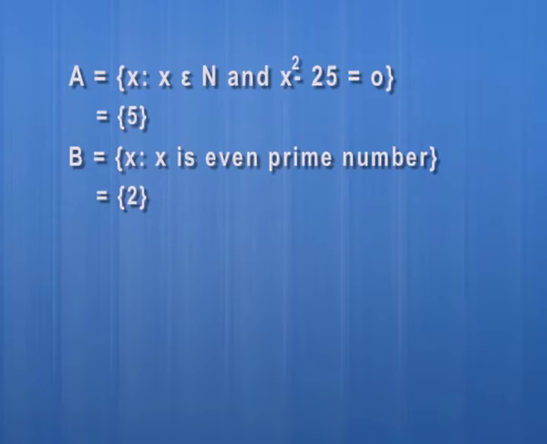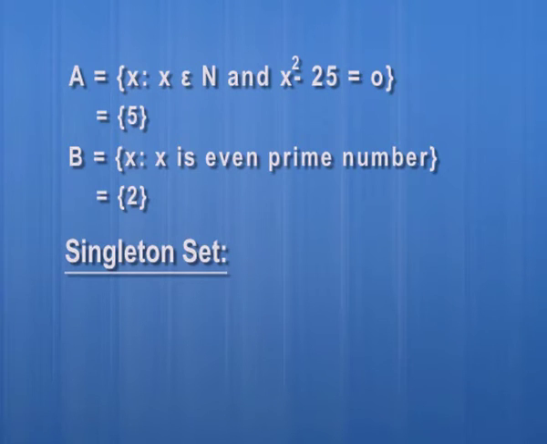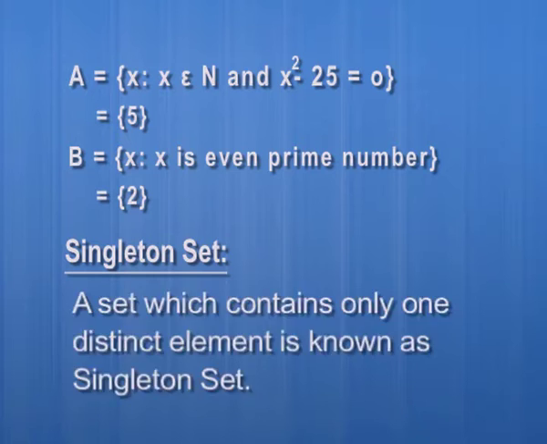So, these sets which are having only one element are known as singleton set. Empty set is having no element and singleton set is having one element. So, the definition can be given as: a set which contains only one distinct element is known as singleton set.